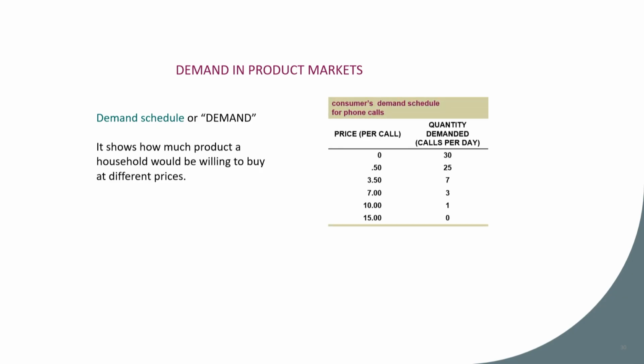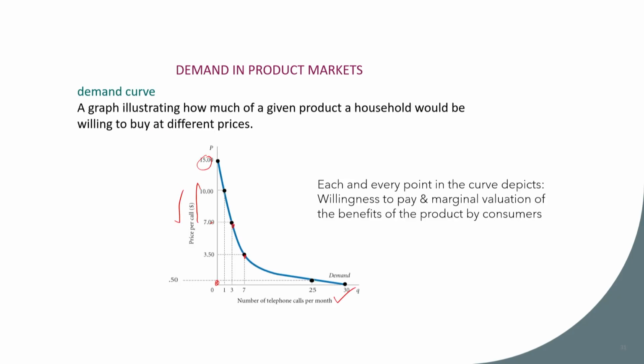When we plot this relationship in a table, we call it a demand schedule. In the demand schedule, you can read it vertically downwards or upwards. If you read downwards, when price increases, the quantity demanded decreases. So there is an inverse relationship as per this schedule, this table.